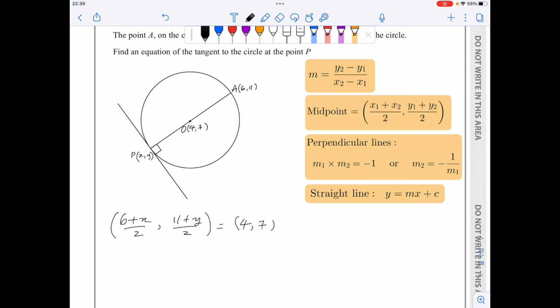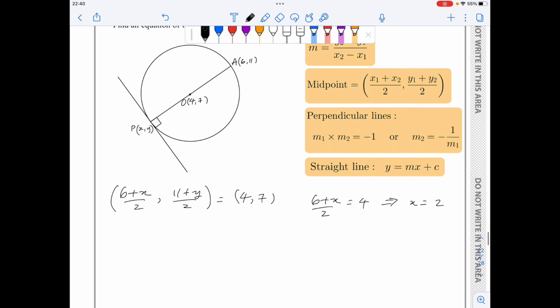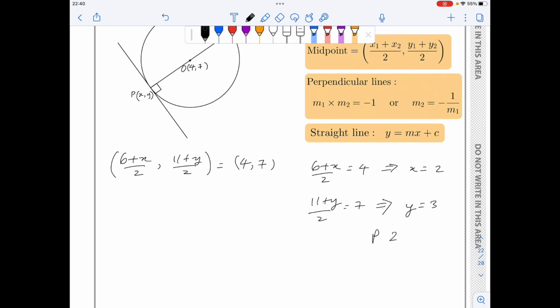This means that for the x coordinates, I have 6 plus x over 2 is equal to 4, hence x is equal to 2. And for the y's, 11 plus y over 2 is equal to 7, which means that y is equal to 3. Hence point P is 2, 3.